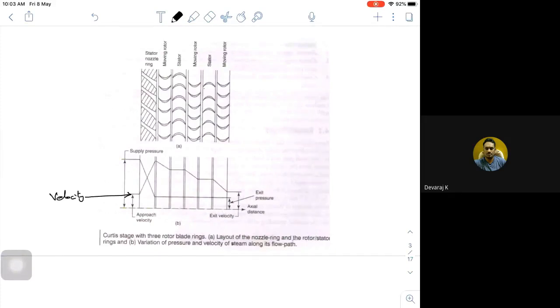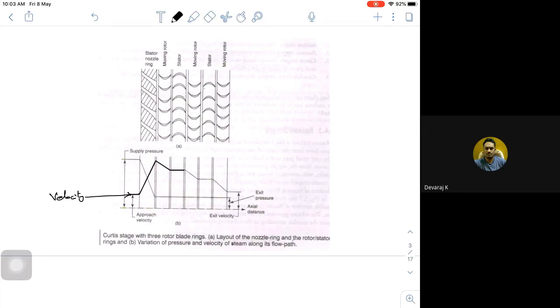Then in the nozzle, the velocity is increased to a particular value. Then in the rotor, the velocity gets absorbed. Then it remains the same. See, it's not increasing as in the previous pressure compounding. In the intermediate stator guide vanes or stator vanes, there was an increase in the velocity.